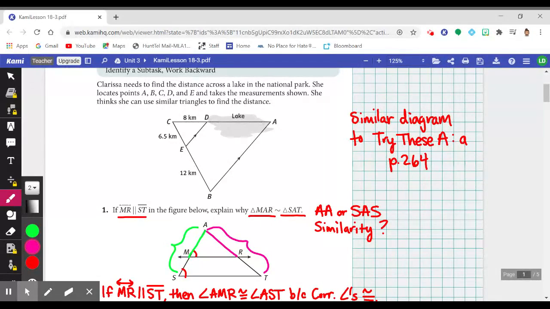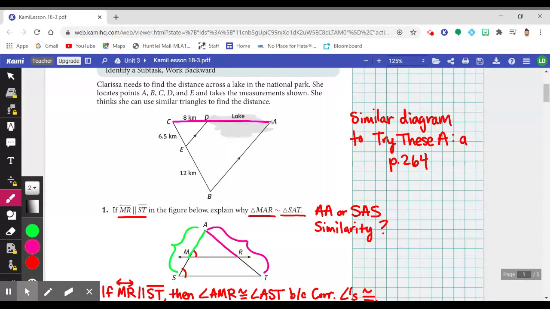So what we're learning here, the triangle proportionality theorem, is actually going to make it a little easier to find this distance, DA, which is actually just a portion of a complete side of a triangle. Hopefully you can observe that DA is not a complete side of a triangle. It's only a portion of side CA.